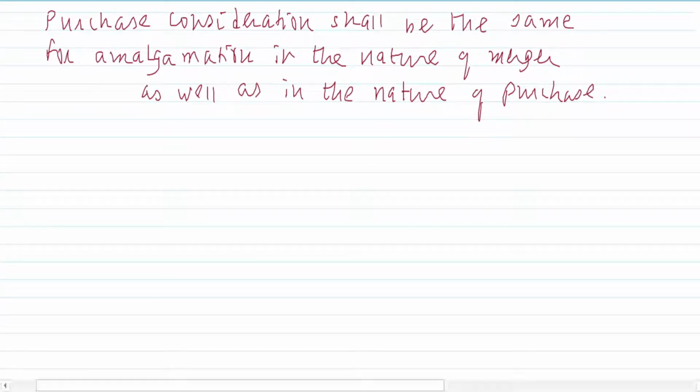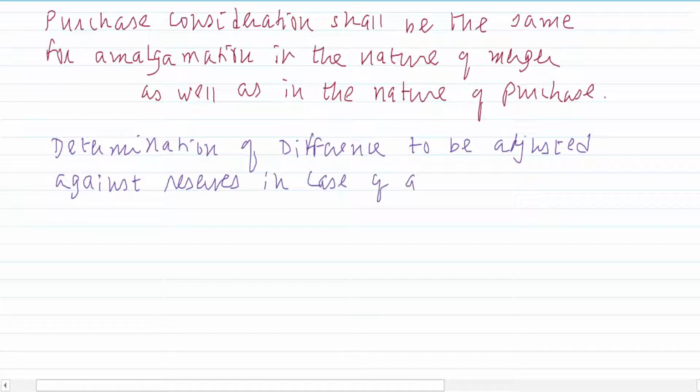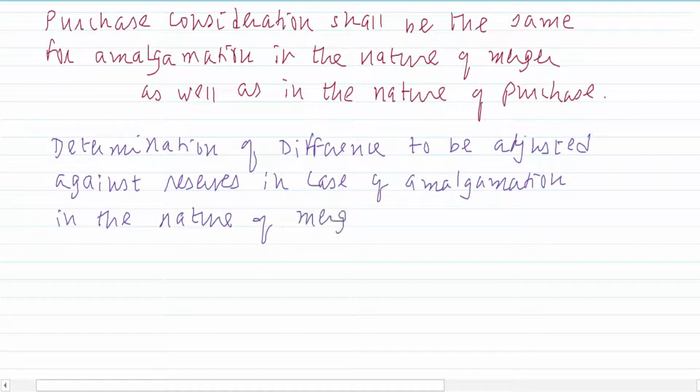So we say determination of difference to be adjusted against results, in case of amalgamation in the nature of merger.